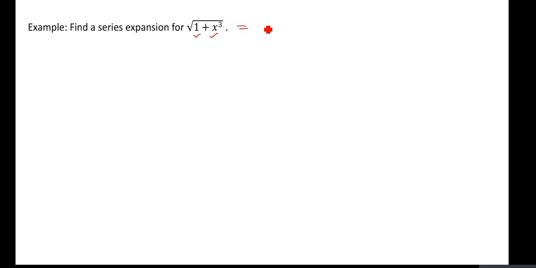How else can I write it? 1 plus x cubed, to the power half. Now, if the original form of the binomial series expansion is 1 plus x to the n, that means x is replaced by x cubed, and n is replaced by a half.